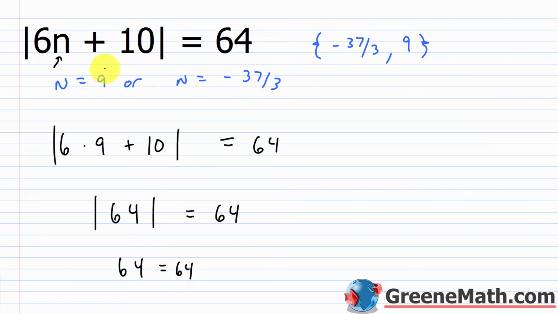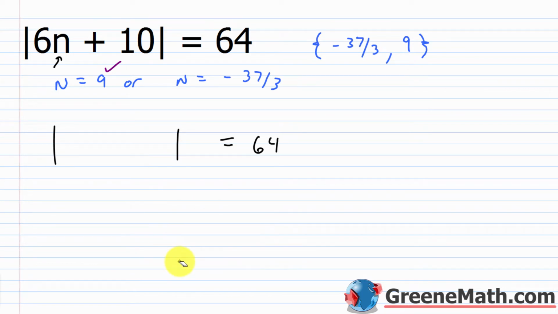The second scenario is the one where it kind of takes a little bit of thought into absolute value to understand. So for this one, let me kind of back this up a little bit because I'm dealing with a fraction here, so it'll be a little messier. So I have 6 times negative 37 over 3. That's what I'm plugging in for n. Then plus 10, and I want the absolute value of this guy, and it should equal 64.